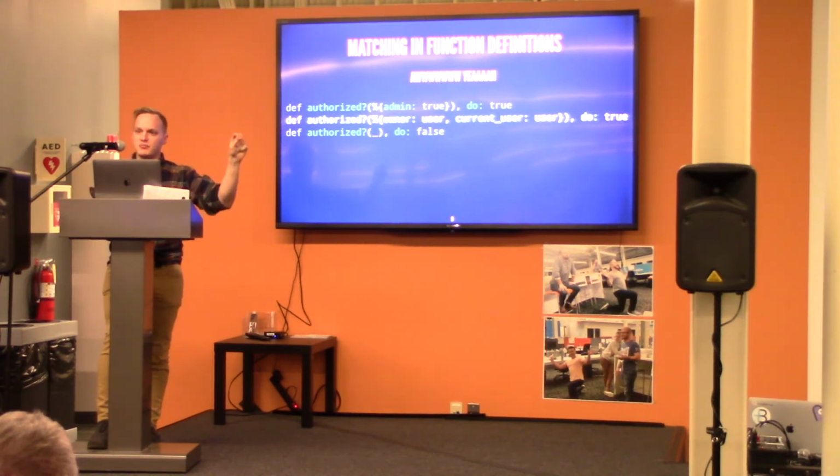That's binding and matching to the same variable. So the first time it says owner, bind that to user. Current user, is that already bound? If it is, check that it matches. So it's doing matching within the match to say the user is the exact same user. Then return true. Otherwise, return false.